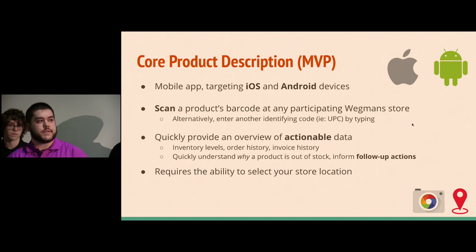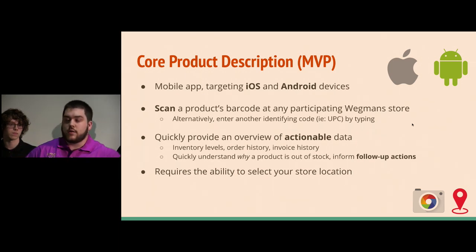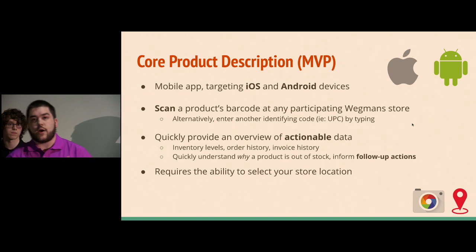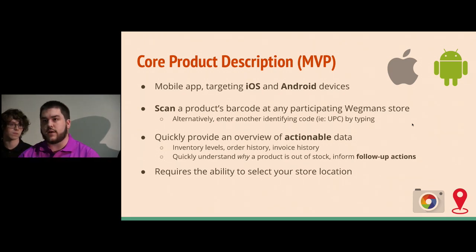The location gives us which store the phone is currently located at, and the camera is going to scan the barcode for us so that we can then come back to the executive and show the actionable data that Robert talked about and allow them to actually go in and find out exactly what is going on and fix the problem so it's not happening again.